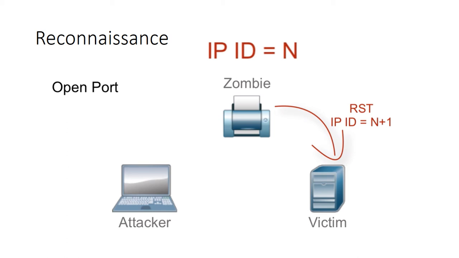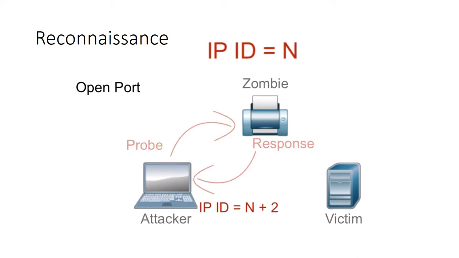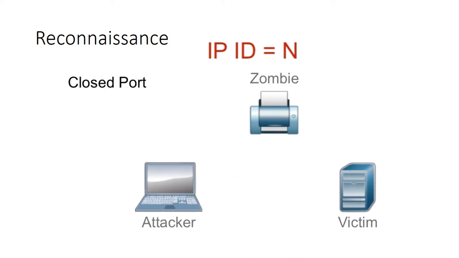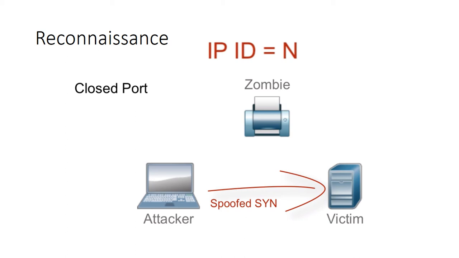Now let's look at what happens when idle scan is done with a closed port. Again, the attacker has already probed the zombie and is aware of the current IP ID value. It sends a spoofed TCP SYN to the victim, and the victim sees this as the zombie attempting a TCP connection.